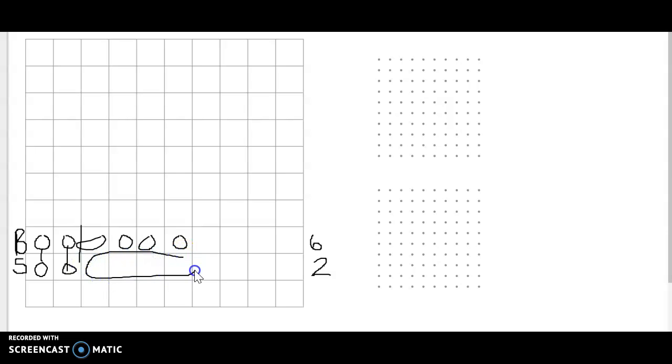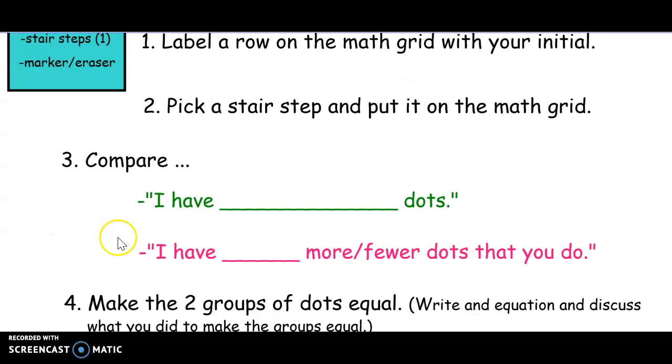Okay, this is the difference between our numbers, and I can see right here, 1, 2, 3, 4. That goes in the oval. Okay, so she has 4 fewer dots than I do. Okay, and you could do that a few times, and with a bunch of different numbers between 1 and 10, and compare. The vocabulary we really want to focus on is more and fewer.